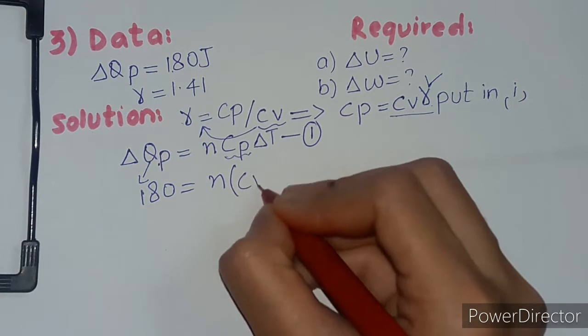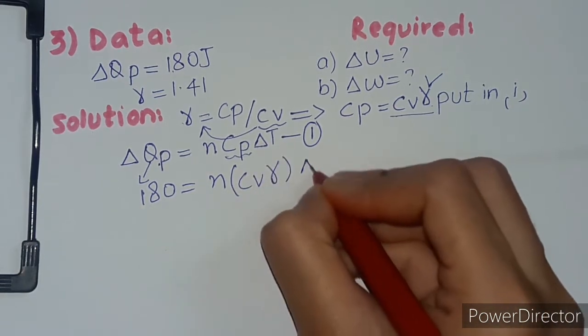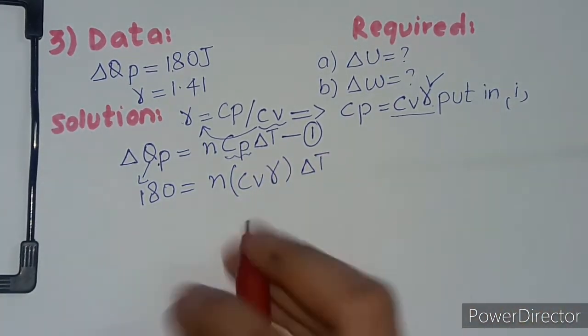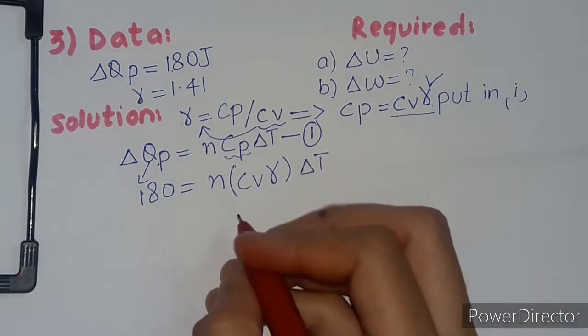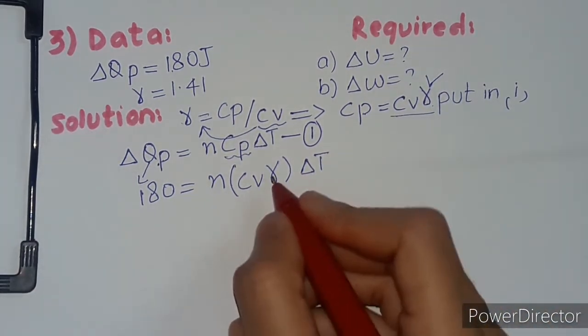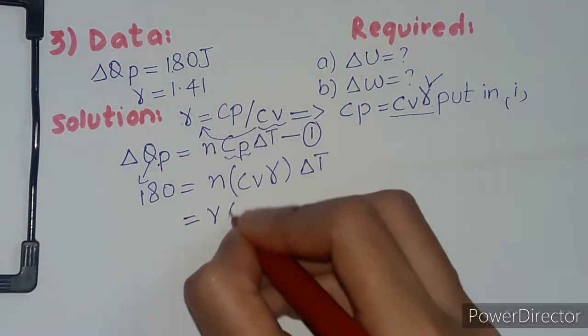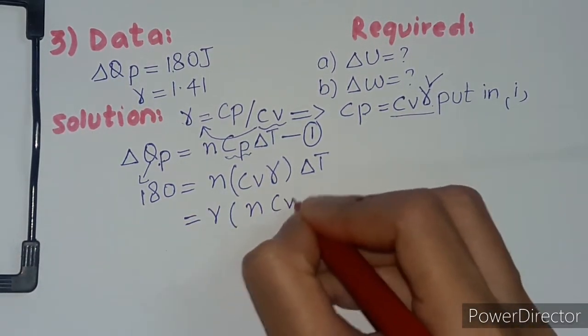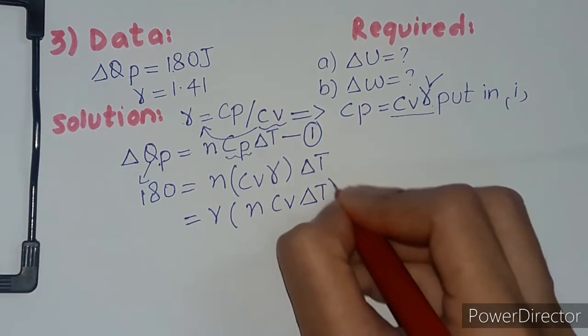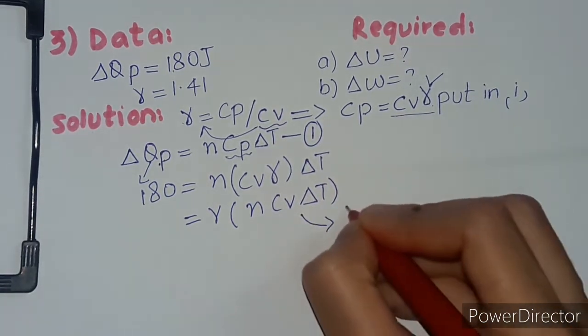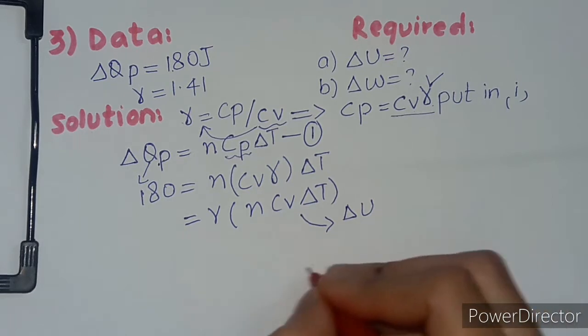So Cv gamma into del T. Okay, this equation becomes this. Now taking the gamma common, we get gamma n Cv del T, and this whole is equal to the change in internal energy.